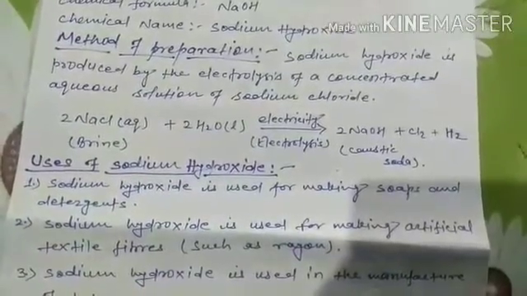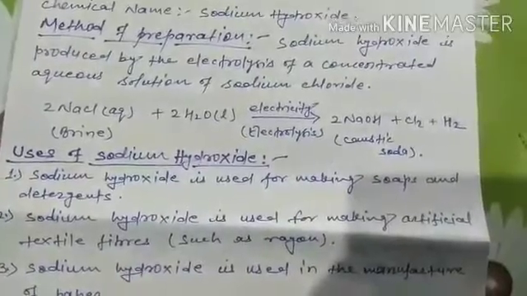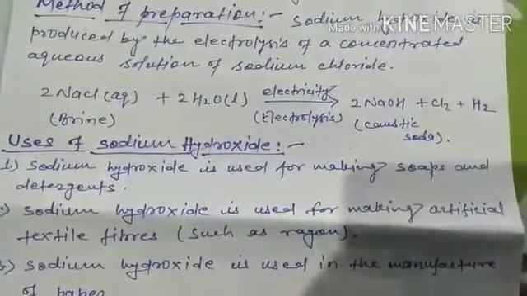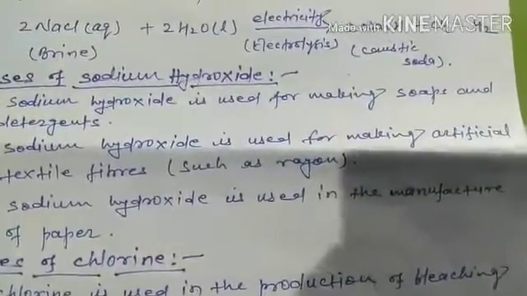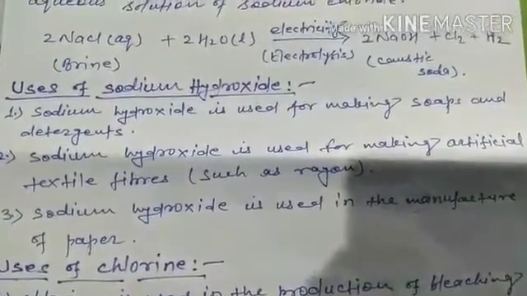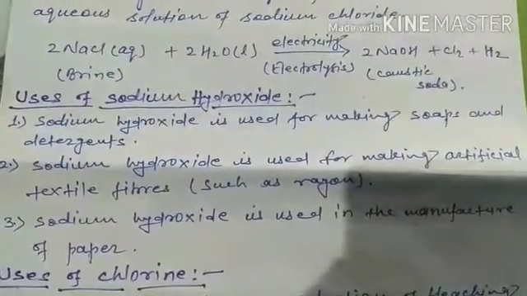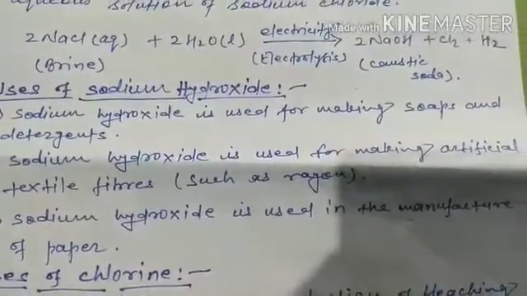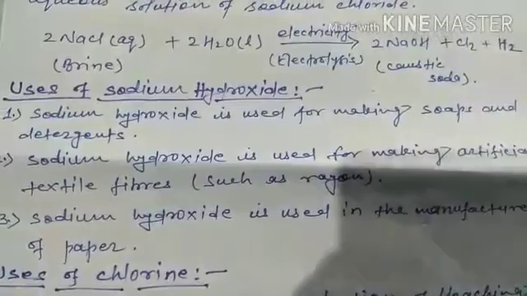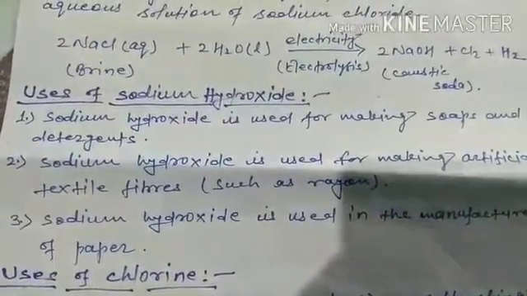Now sodium hydroxide is used for making artificial textile fibers such as rayon. And third usage of sodium hydroxide is used in the manufacture of paper.